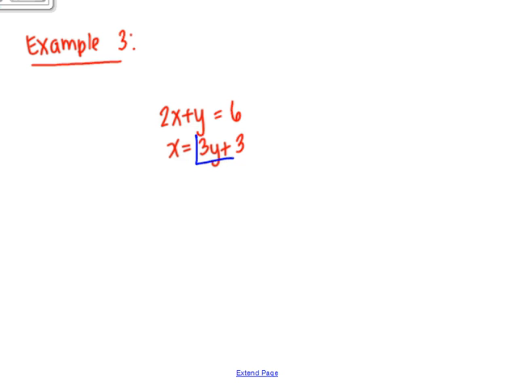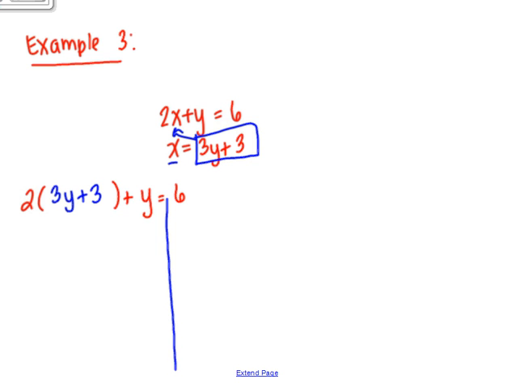See how this equation is equal to x, this expression. So instead of an x, I'm going to put it in the top equation in x's spot. So let's rewrite that top equation. 2 times x, I'm going to leave a space, plus y equals 6. Well, instead of an x, I'm going to put a 3y plus 3 because we said those two things are equal to each other.